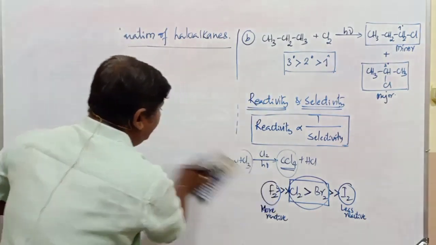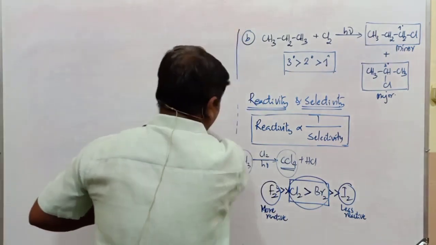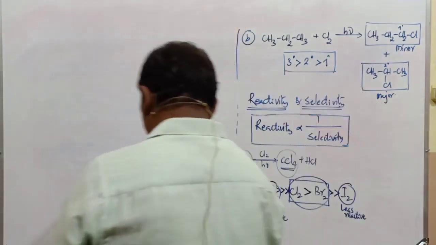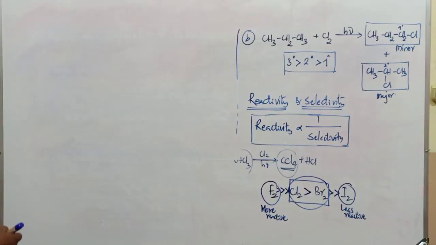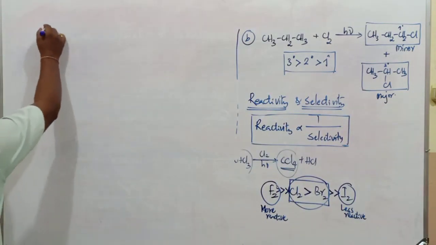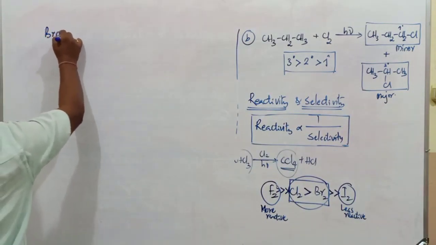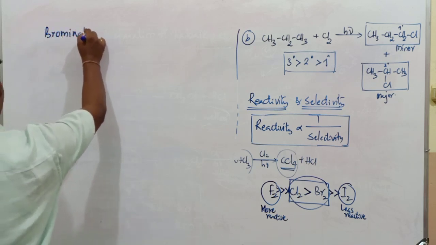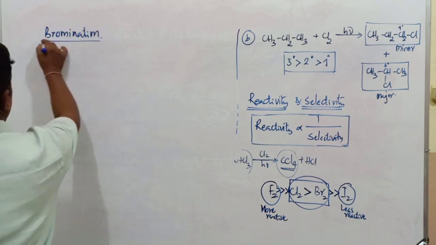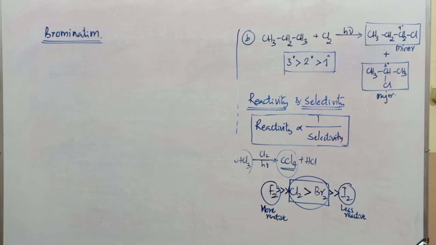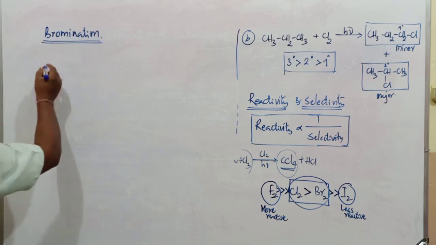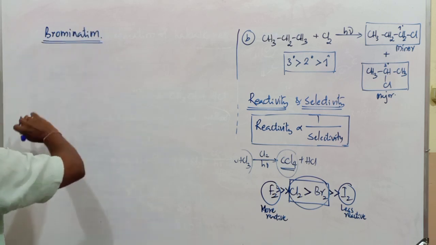So for the preparation of haloalkanes from chlorine as well as bromine, I have already mentioned the chlorination. Bromination also takes place in the same manner. Bromination of alkane takes place in the same manner as in the case of chlorination.